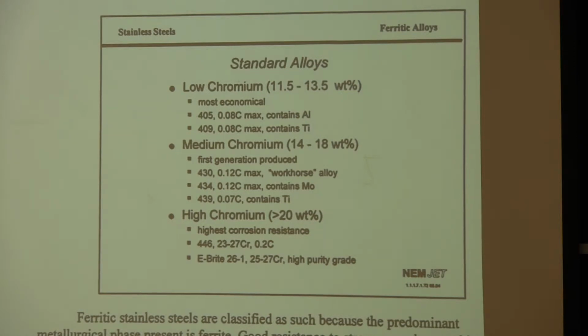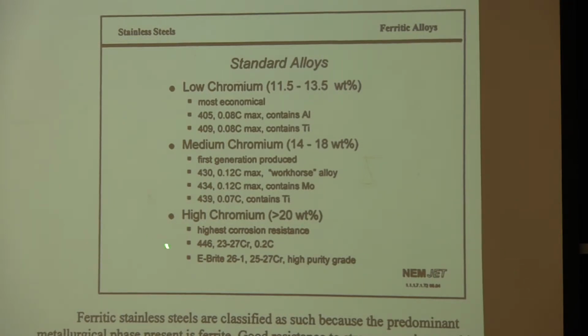Later on, as people were trying to improve things like weldability, the more carbon you have in something, generally the harder it is to weld. And so they started trying to lower the carbon and the chromium levels a little bit. These are actually the most economical. Like I said, they have less chromium in them and less of other alloying elements.